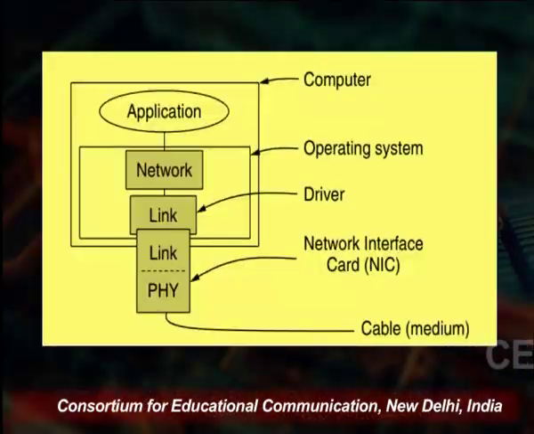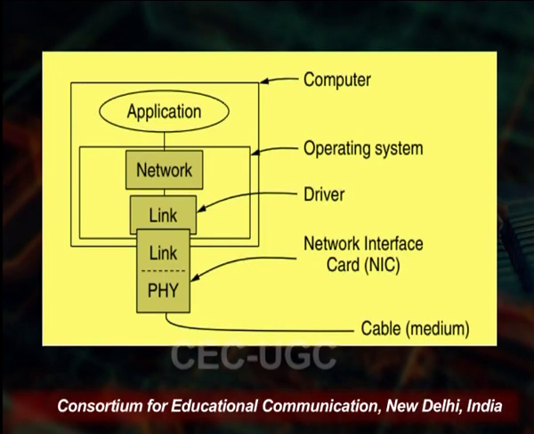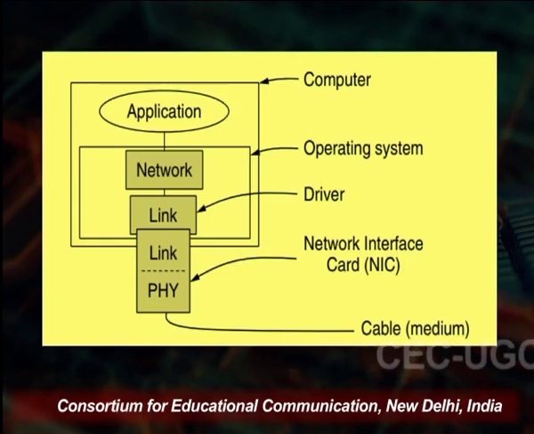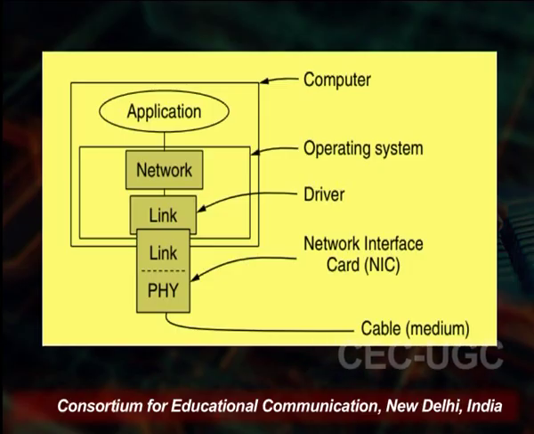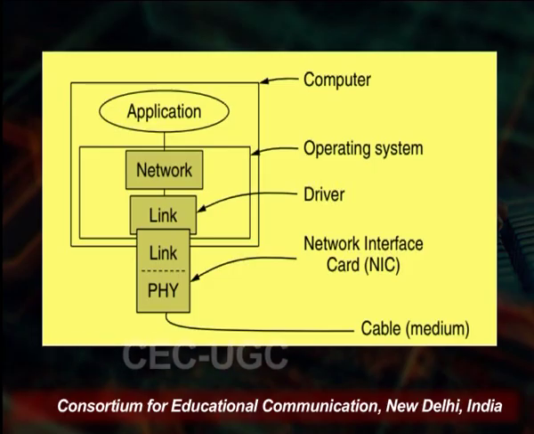Let us try to understand this assumption with the help of the figure shown on the screen. We have a computer system. In this I have earmarked only the 3 layers, and the rest I have marked as application and other higher level layers, which I am not worried about as far as the data link layer is concerned.